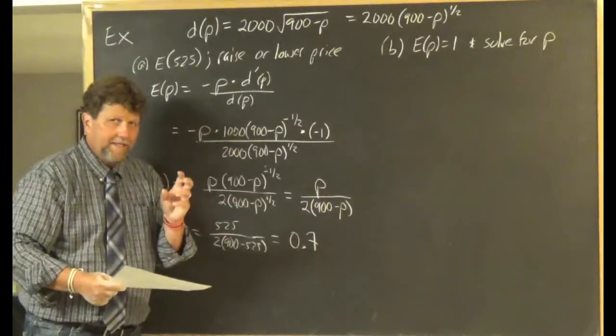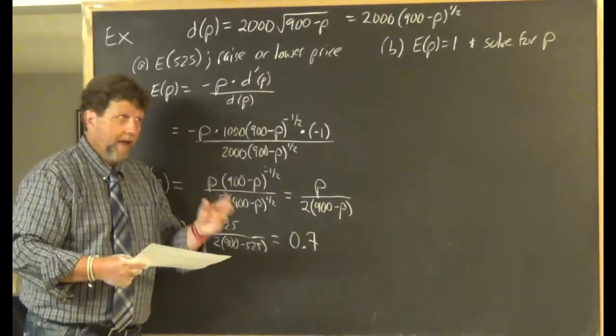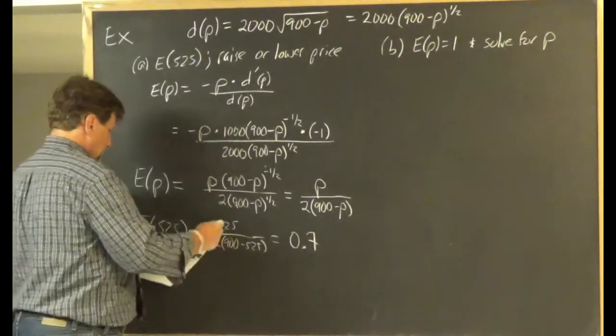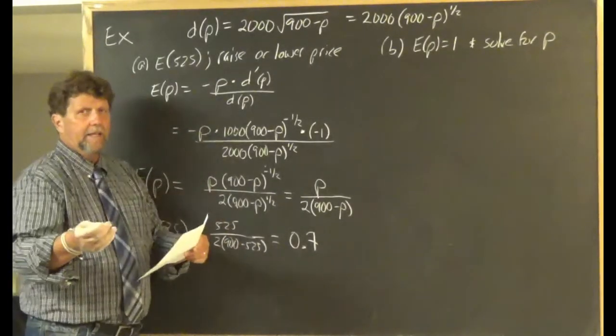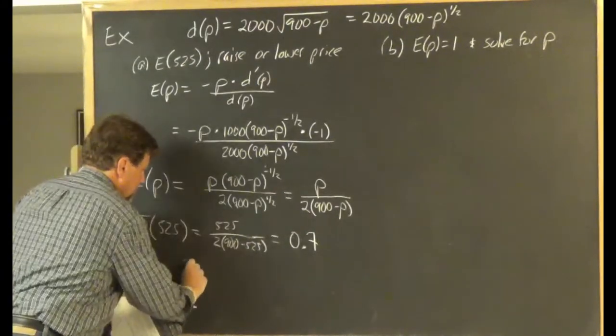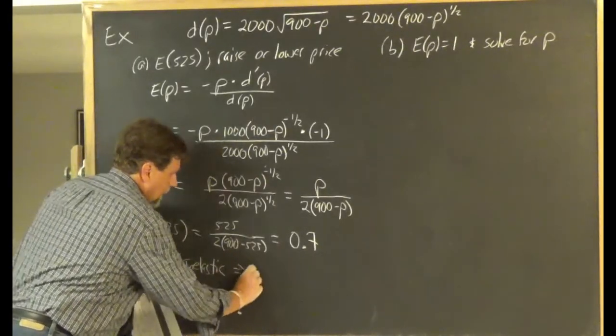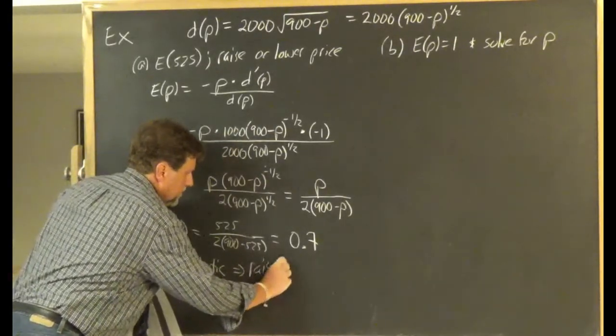Notice 0.7 is a number that's between 0 and 1. That means this is inelastic. Because it's inelastic, we should go ahead and raise the price.